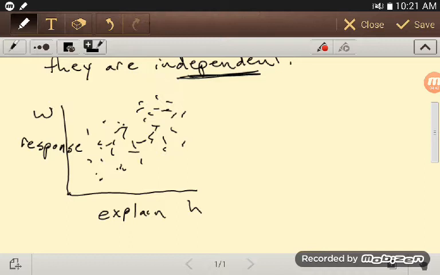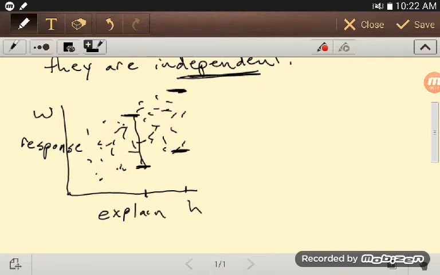Now, what I see is, if you told me some height, like right here, I would probably predict a weight between those two numbers. I might pick the middle of that, the median or the mean or something like that. Now, if you gave me a height up here, I would predict something between those two numbers.